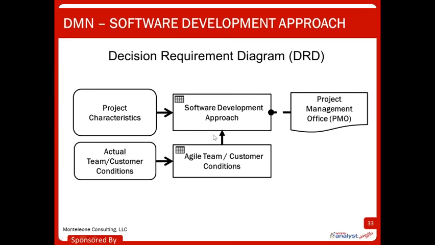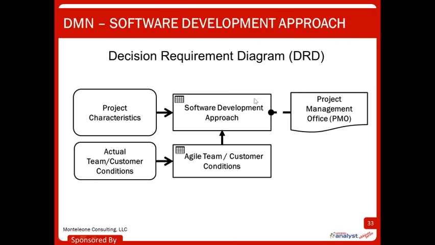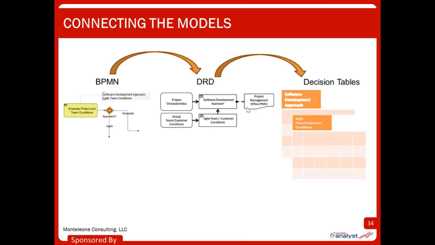Okay, so let's just backtrack. We were here at BPMN, we had this annotation. This is going to point us to a decision requirements document. And let's also look at the overall flow, because I think that's important. You'll know here that we have a BPMN model.